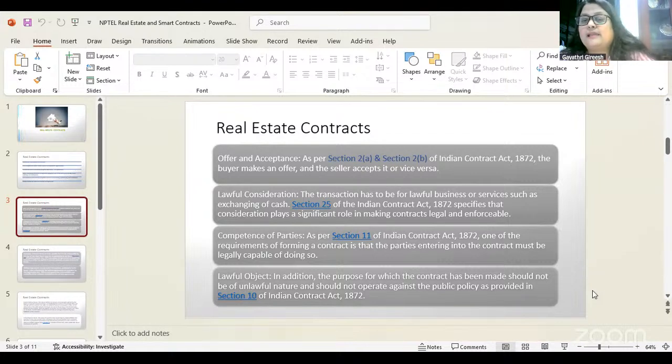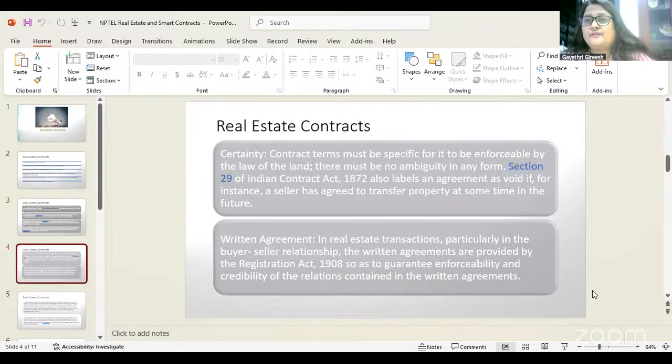Marketable title basically means the object is lawful. You have not obtained it through illegal means. If it is not yours, you are not able to sell it to others. So these four are mostly the basics of the General Contracts Act and also the general requirements for real estate contracts.